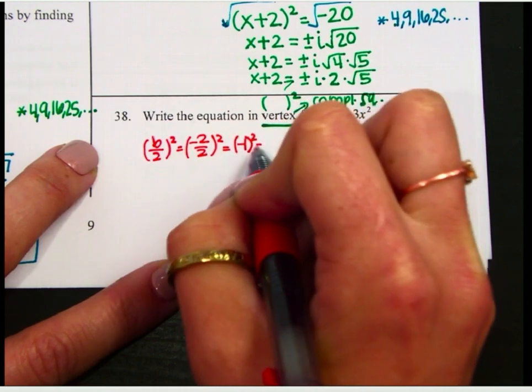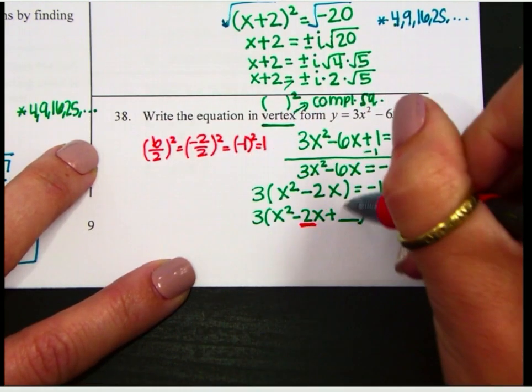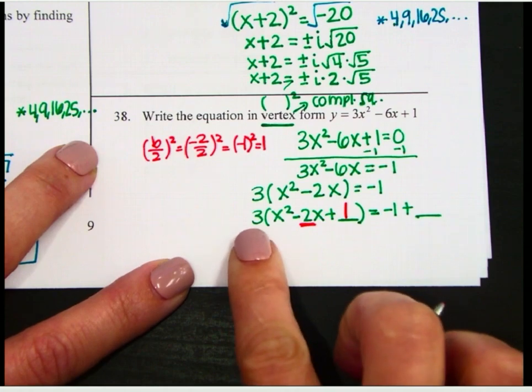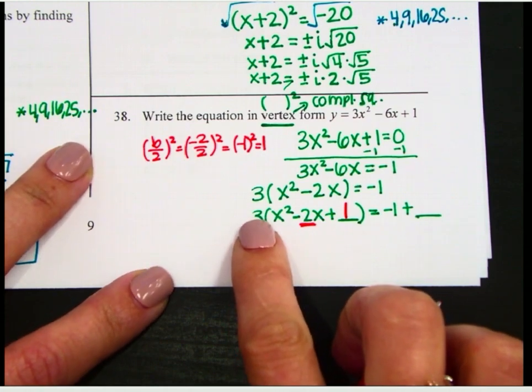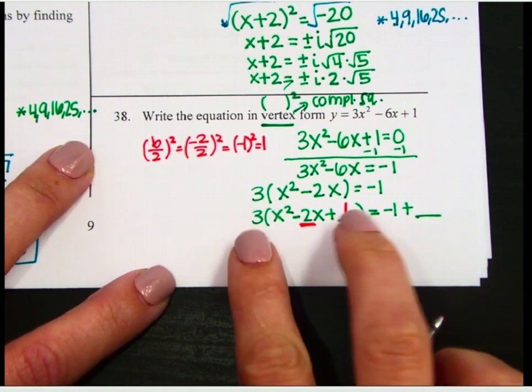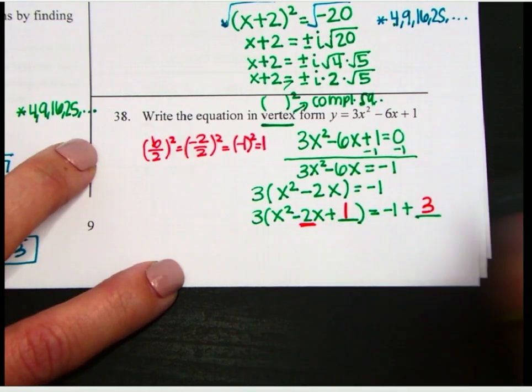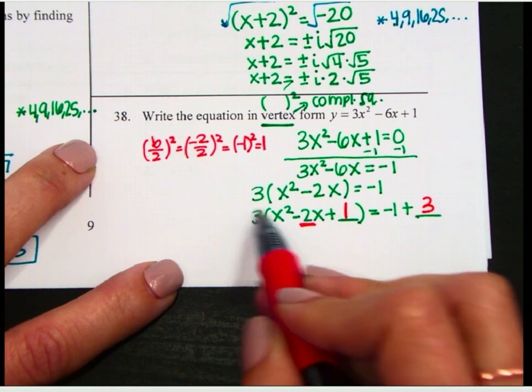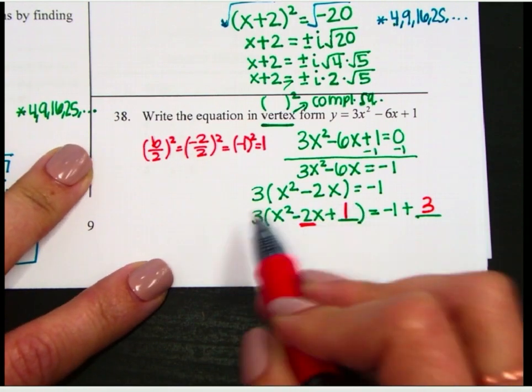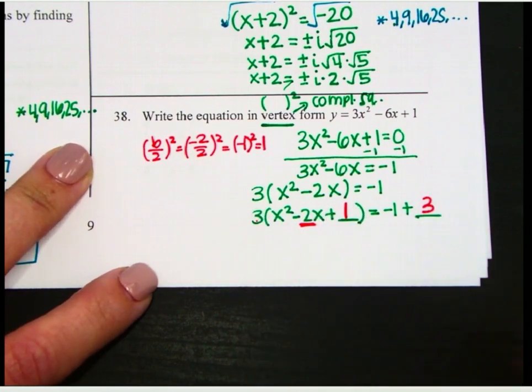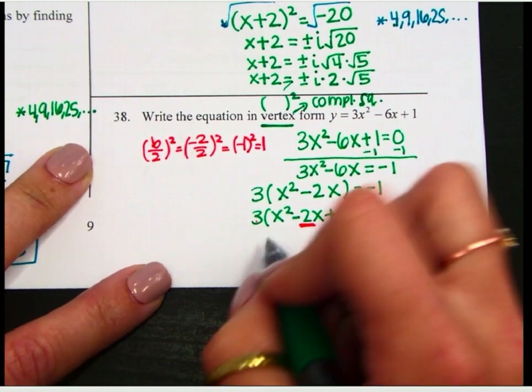Negative 1 squared is 1. So we're adding 1 here. But be careful, because of the 3 on the outside of parentheses, distributing or multiplying 3 times 1, we're actually adding 3. So make sure you multiply whatever is on the outside of parentheses, 3 times 1, to give you the 3. Okay, so 3 stays.